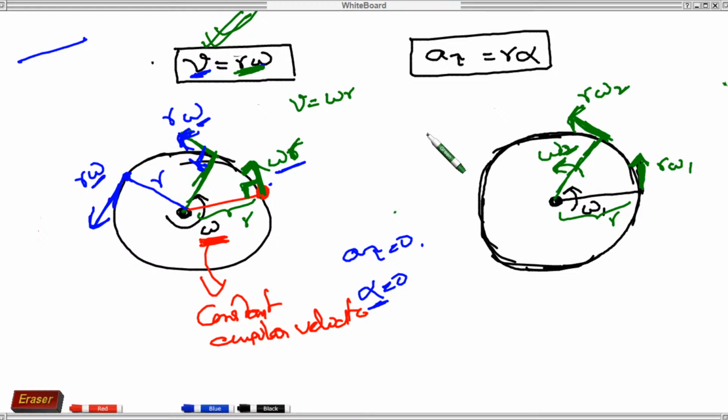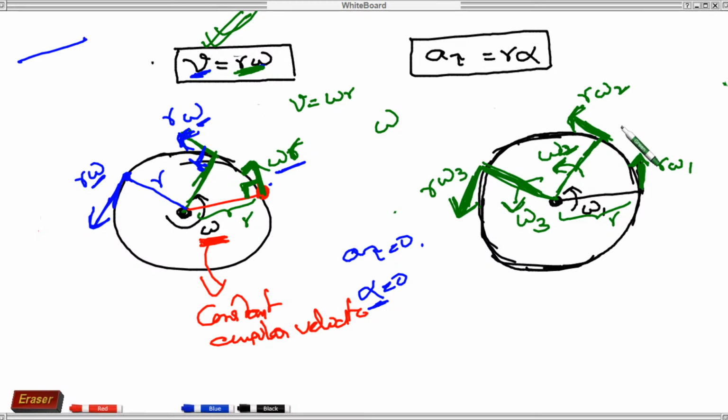And suppose here the angular velocity is omega 3, so it will be r omega 3.